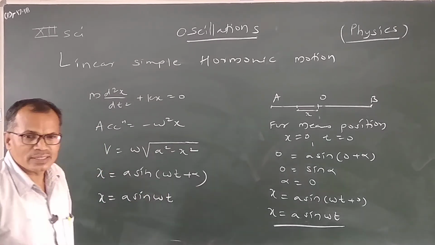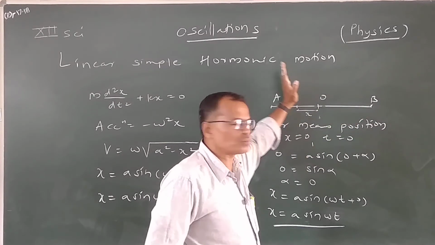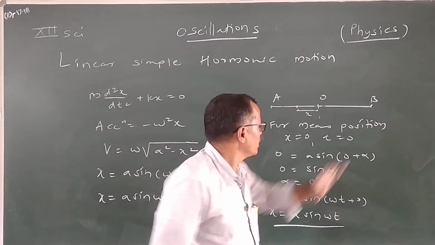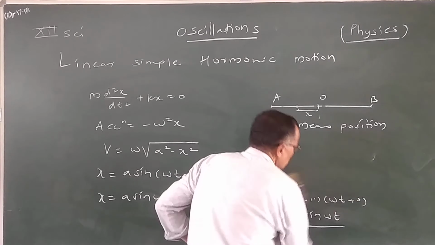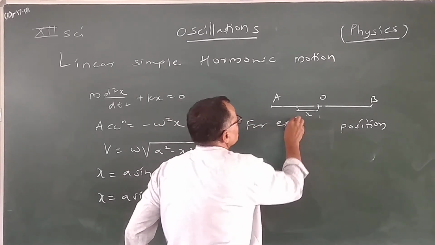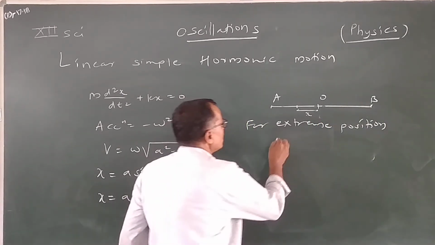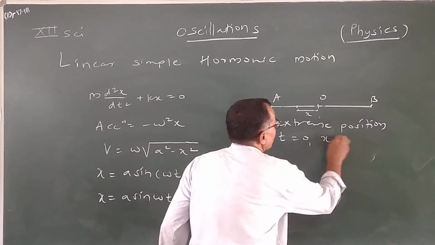Now suppose the particle starts motion from the extreme position, that is, from point A or point B. For the extreme position, t is equal to 0 and x equal to a.